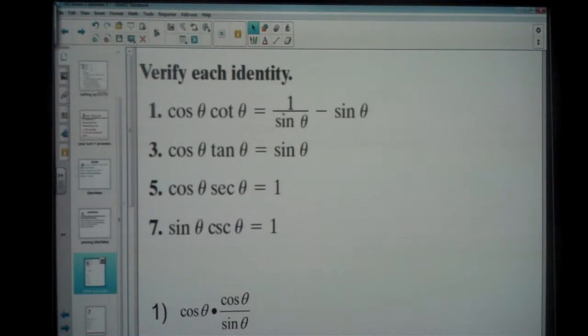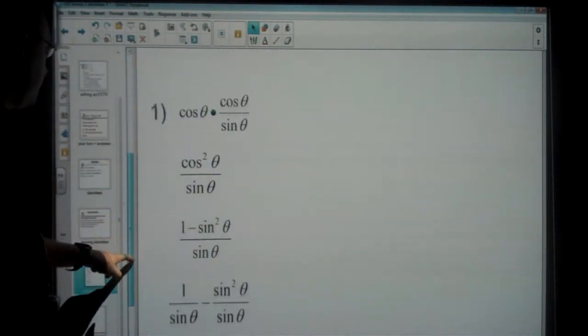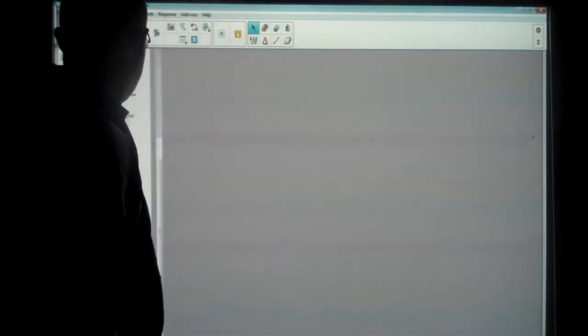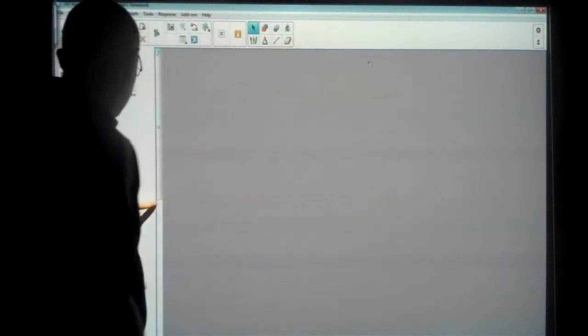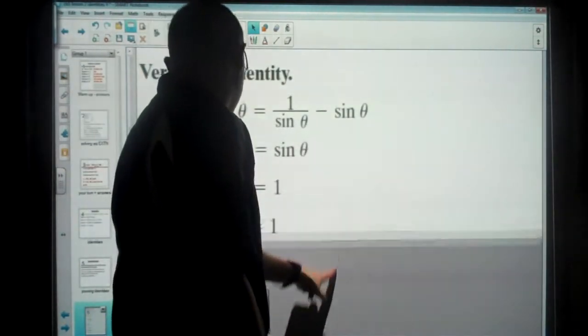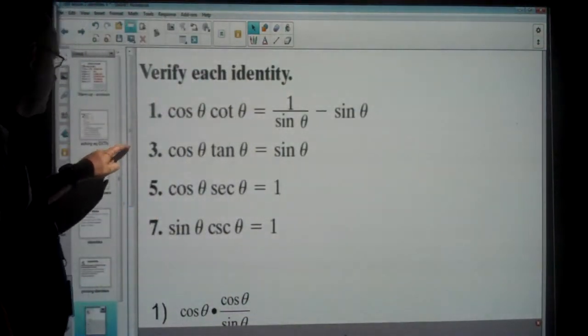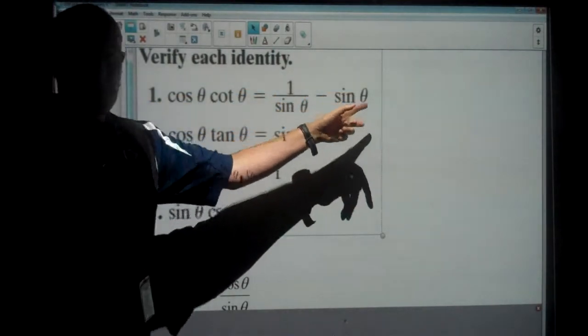Now, I've got a list of different ones up here from an exercise, and I actually have part of the first solution here, so let's see if I can reveal that. There we go. That's it. So, cosine cotangent theta equals 1 over sine theta minus sine theta.